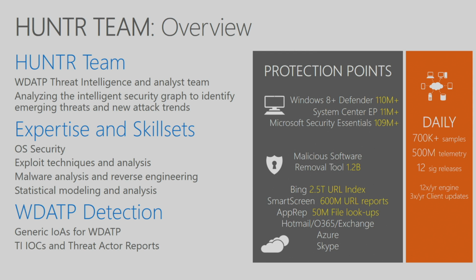So the name of the research team that powers ATP is called the Hunter team. And that's for obvious reasons. We track those predatory groups across the globe. And so we're constantly hunting for signals for either new advanced adversaries or attackers, or we're simply keeping details and intelligence up to date on some of the groups that we already track inside of the product.